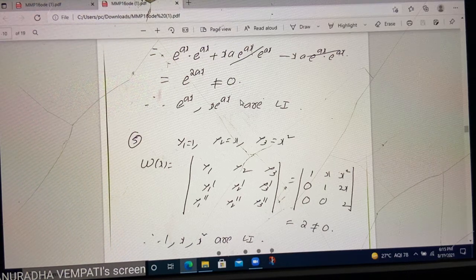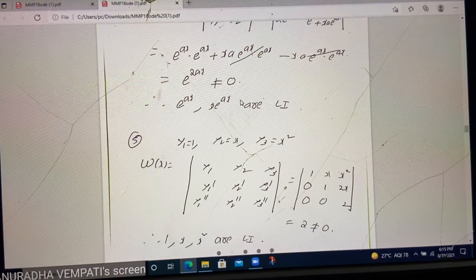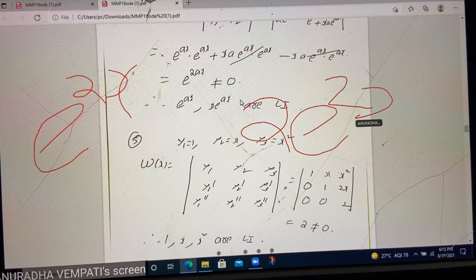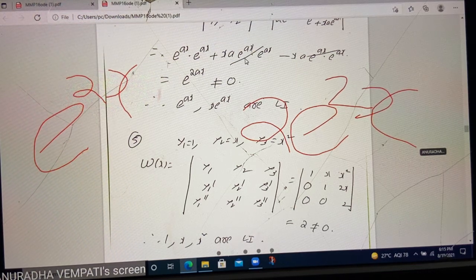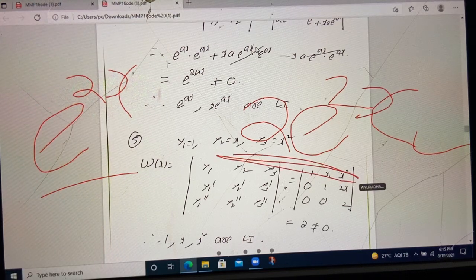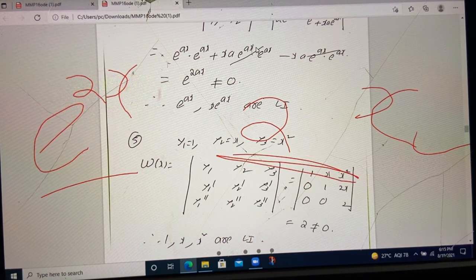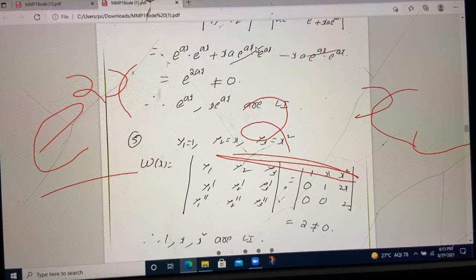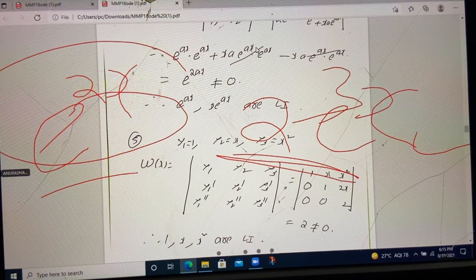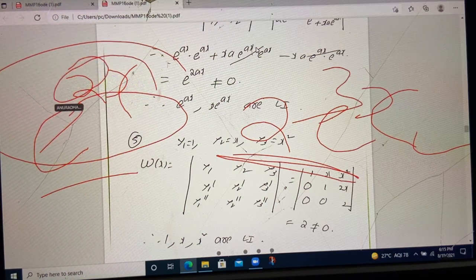If it is c e power ax, it is linearly dependent. For example, you may be given which of the following are independent. Are they independent or dependent? They are linearly dependent. Why? Because e power 2x is a constant times e power 2x. But if you take a different constant, for example 3 e power 3x, then automatically these two are linearly independent because the powers are not equal.